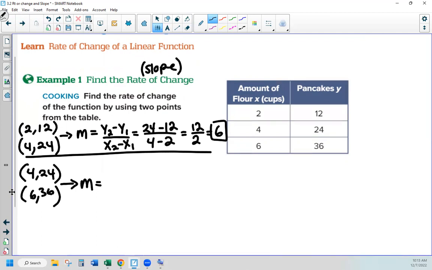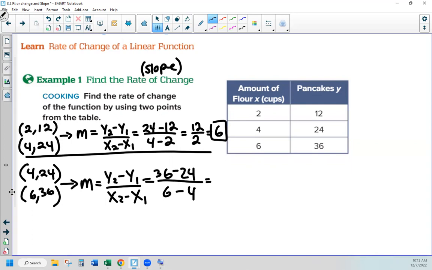So y2 minus y1 over x2 minus x1, that's my slope formula. The y of my second point is 36 minus 24. And then the x for my second point is 6, subtracted by the x from my first point, which is 4.